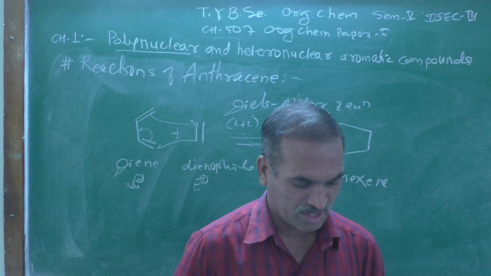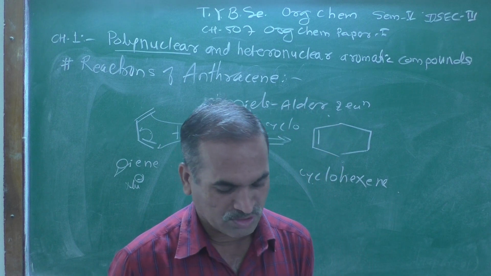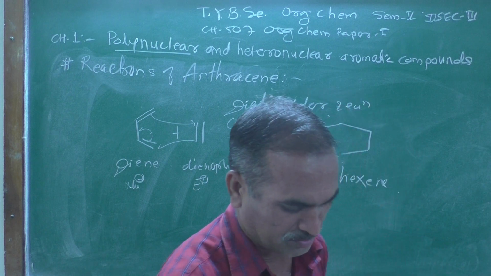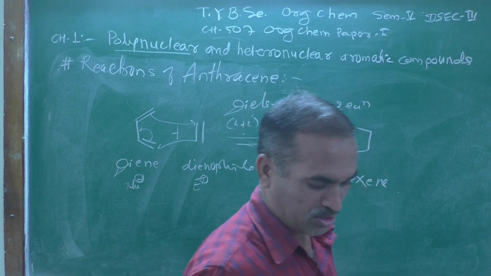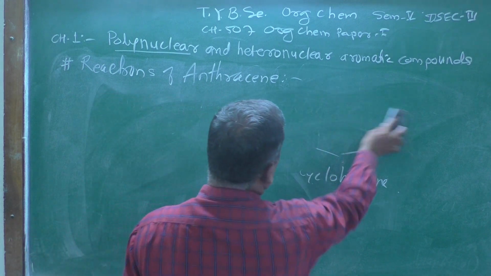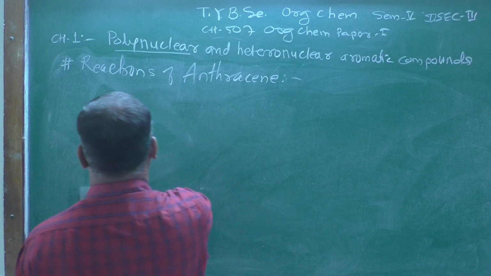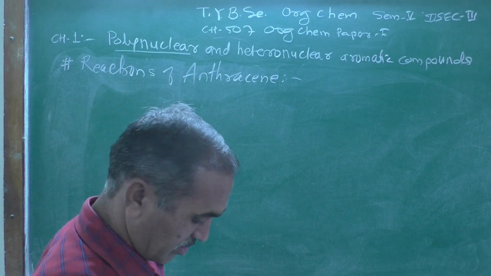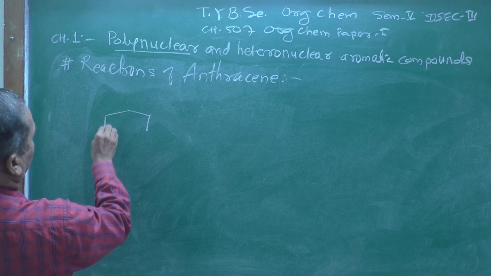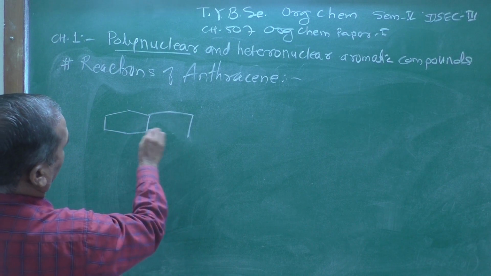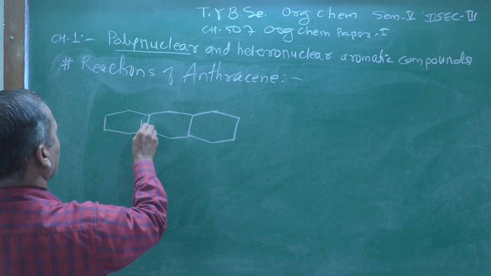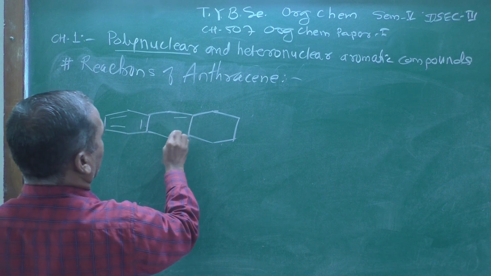So the 9th position of anthracene is more reactive because of stabilization of sigma complexes. Now let us see the structure of anthracene. As we know, 3 benzene rings are fused together by sharing 2 carbon atoms equally.